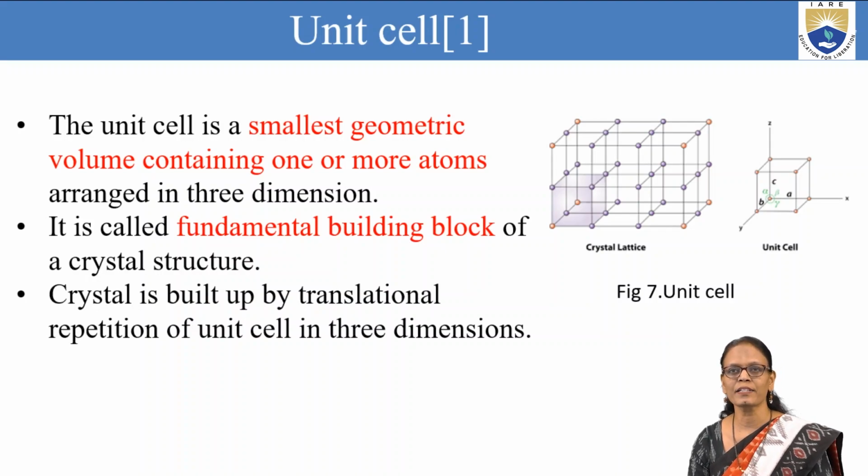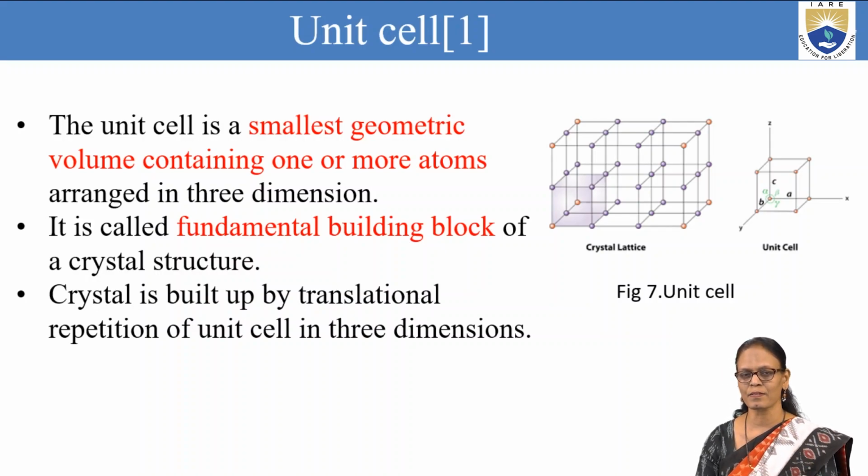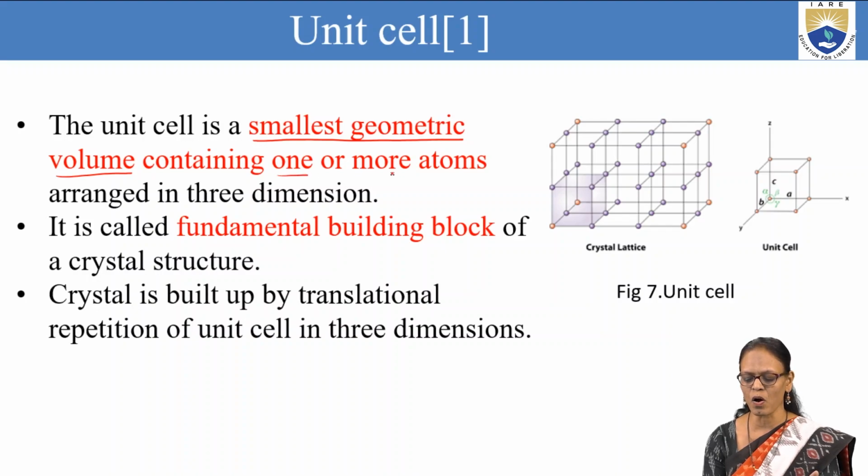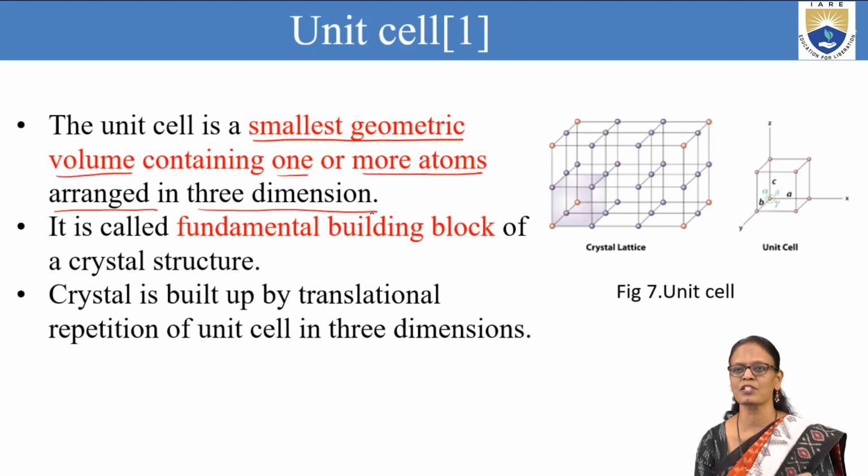Now, let us look at what a unit cell is. A unit cell is the smallest geometric volume which contains one or more atoms arranged in 3 dimensions.